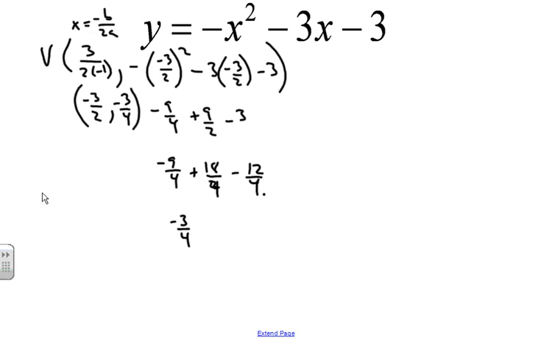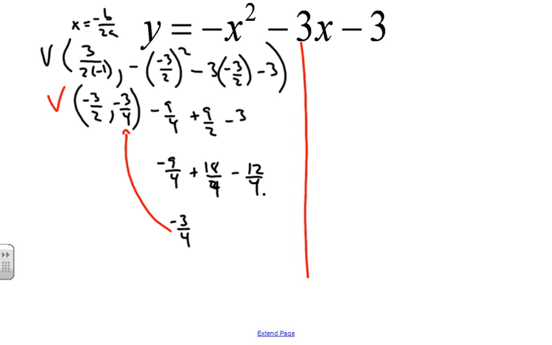Now, that is what our vertex is. We could also find the next value by putting it into standard form, and so on and so forth. However, we're just going to keep it as is. It's pretty fast and efficient.